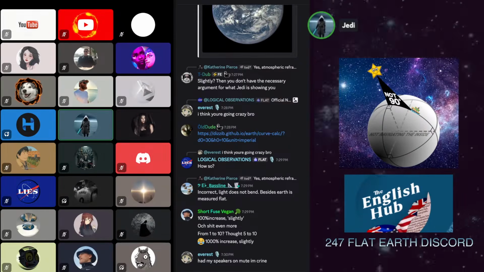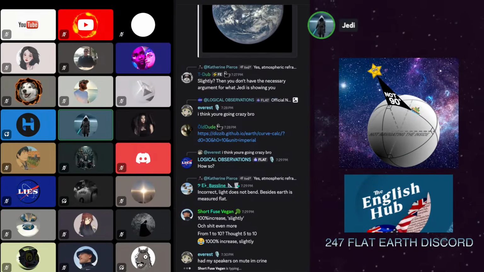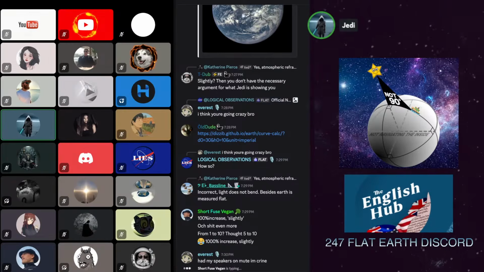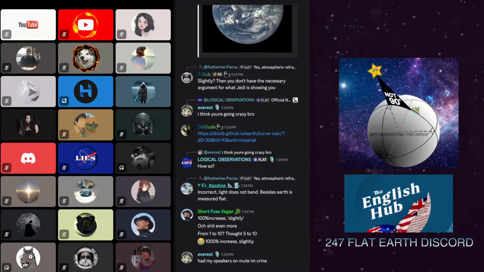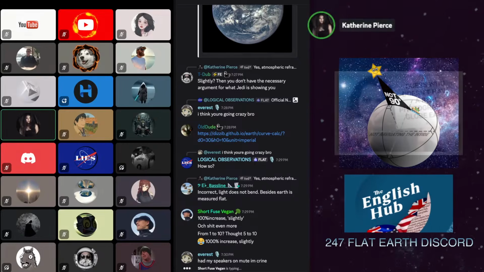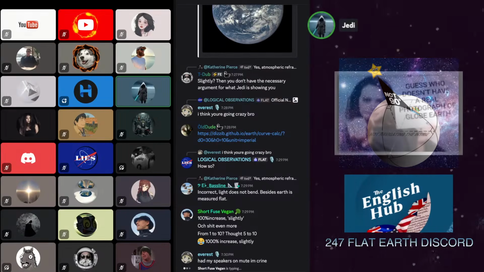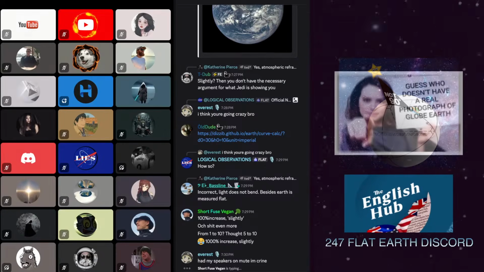If the boat disappears over the horizon and is blocked every single time, then the bottom of the oil rig should be blocked. Why is the bottom of the oil rig not blocked? And if you say refraction, that's you conceding that it's not every time.